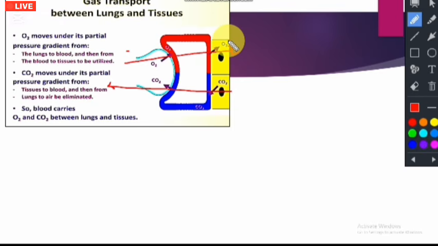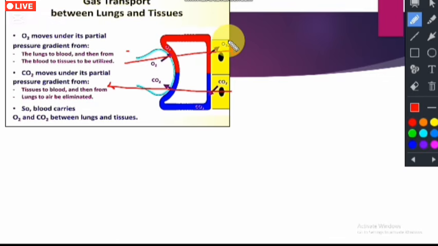So, one key thing to note is that the same blood that transports oxygen to the tissues also transports carbon dioxide out of the tissues.